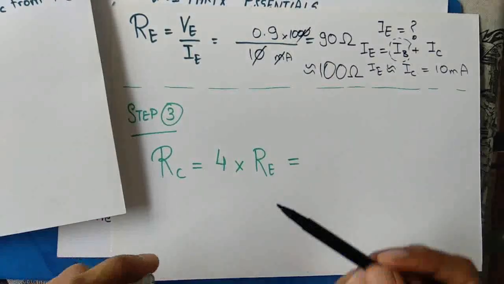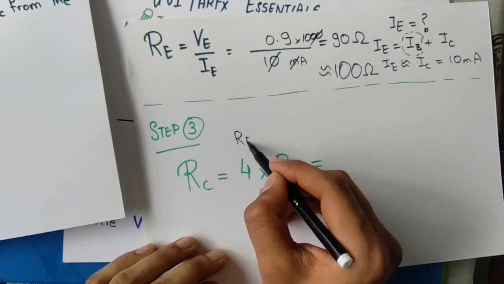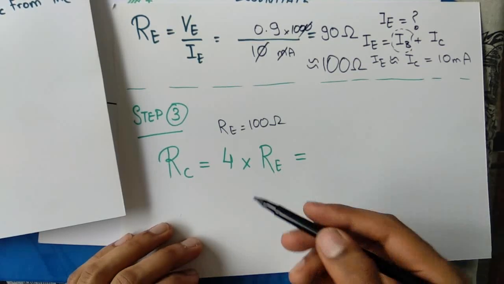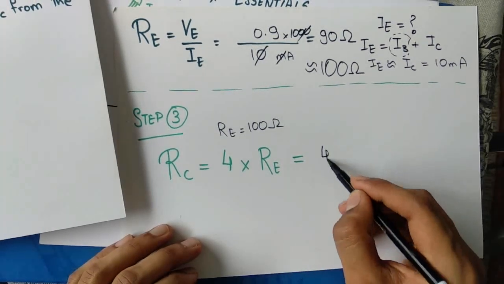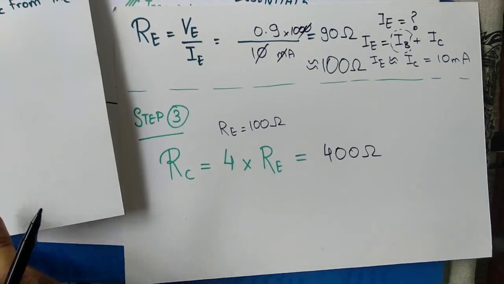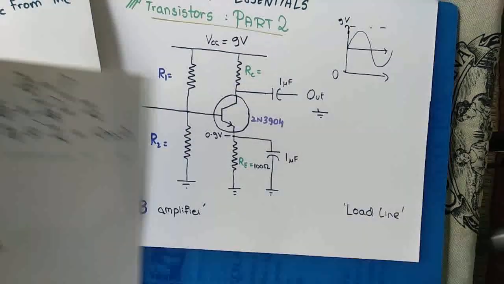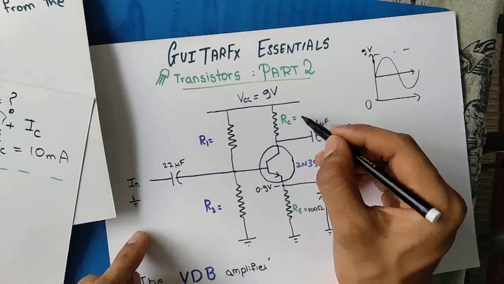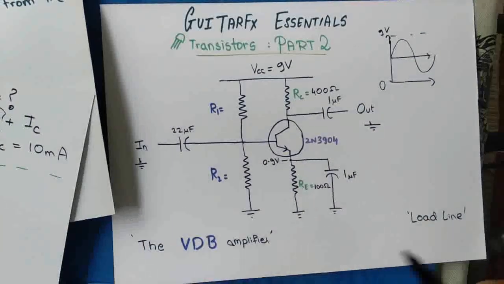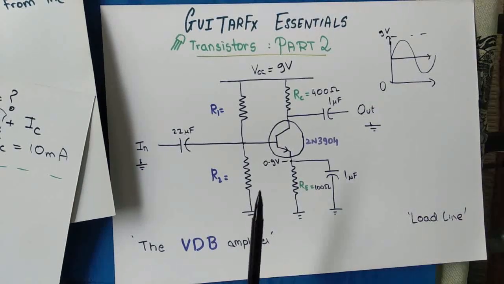Since we know that RE is 100 ohms, RC is simply going to be 4 times RE, which happens to be 400 ohms. Once again, let me write this here. We also have the value of RC now, 400 ohms. We are halfway through, and all we need to do is decide the values of R2 and R1.